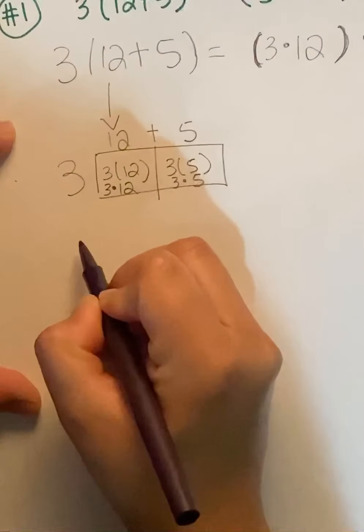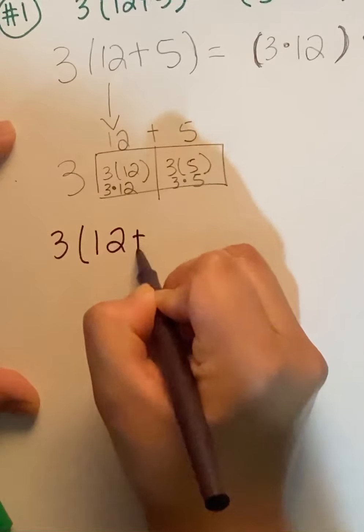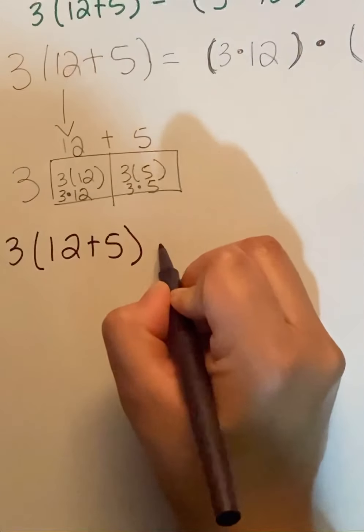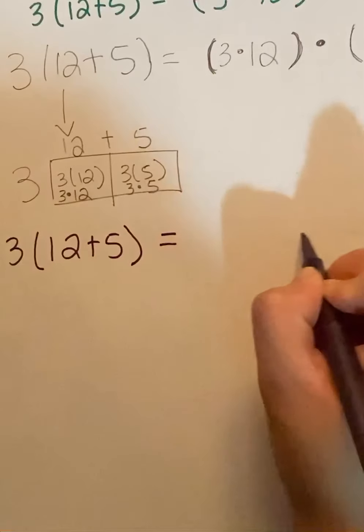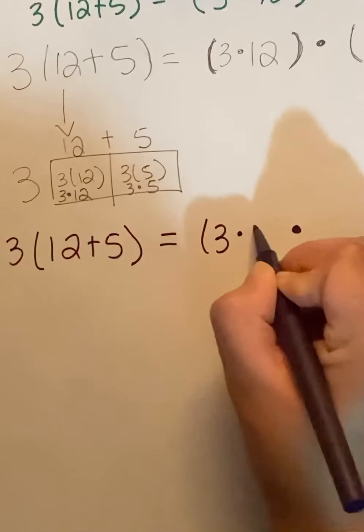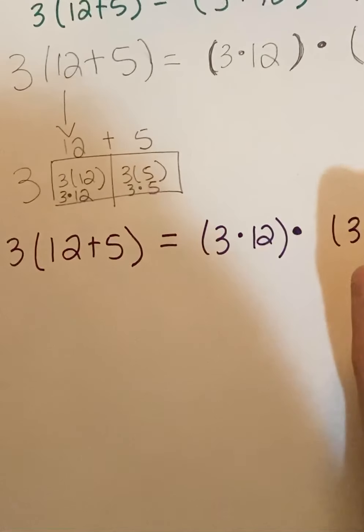3 times the sum of 12 and 5. All I'm doing is rewriting the entire equation again, equals the product of 3 times 12 and 3 times 5.